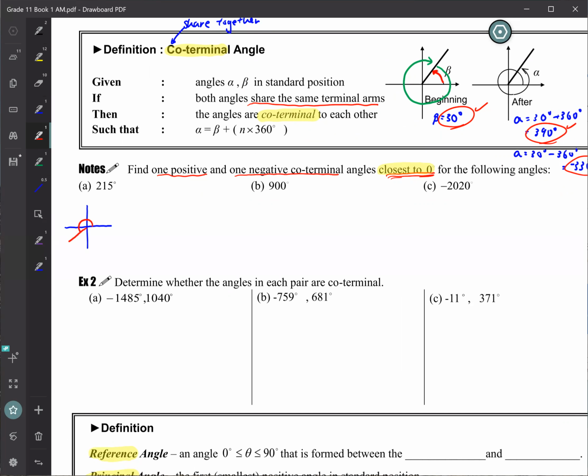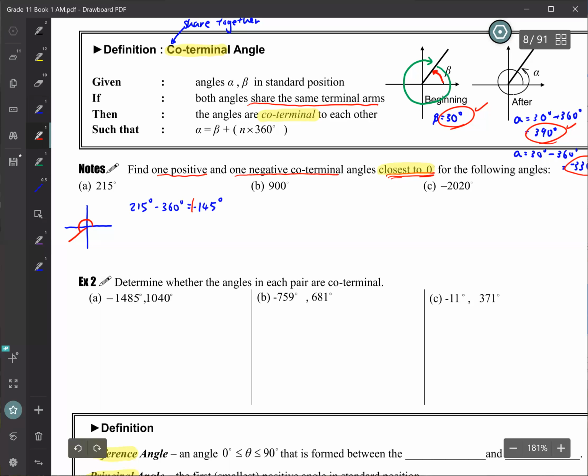So if I want to get a coterminal angle, you can either add or subtract 360. If I subtract 360, it will become negative, so let's do that. This will give you negative 145.